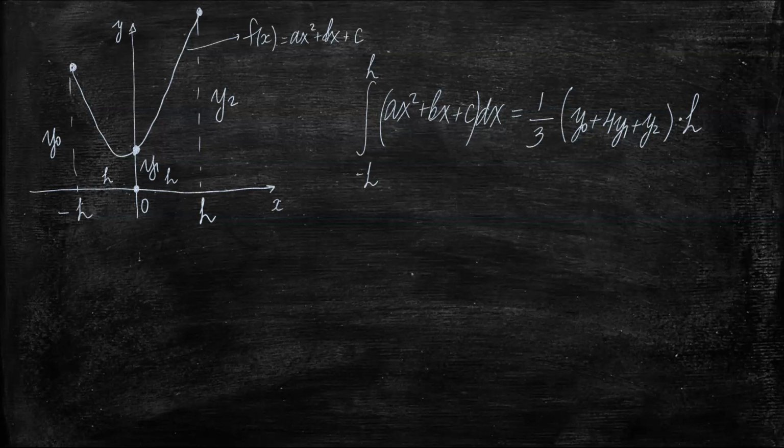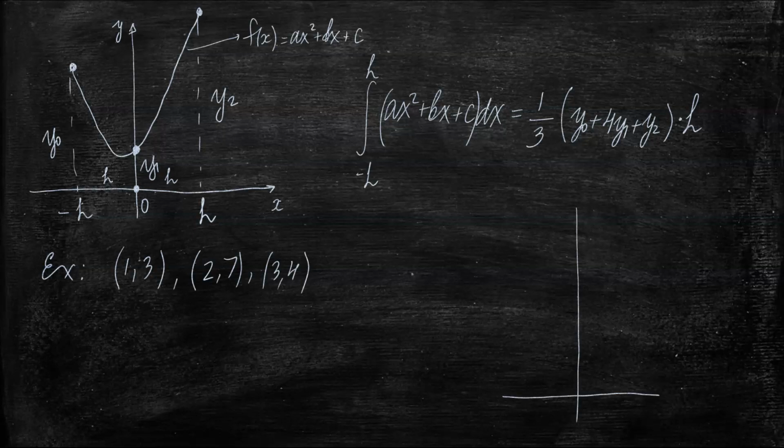So what does that mean? Let's do a quick example. If I give you a parabola that passes through the points (1, 3), (2, 7), and (3, 4), let's see if we can plot this parabola. So (1, 3) is, let's say, here, (2, 7) is going to be here, and (3, 4) is right here.